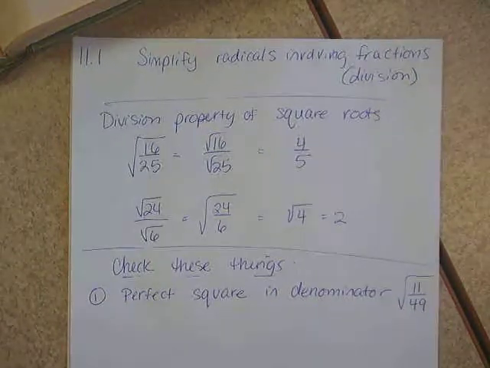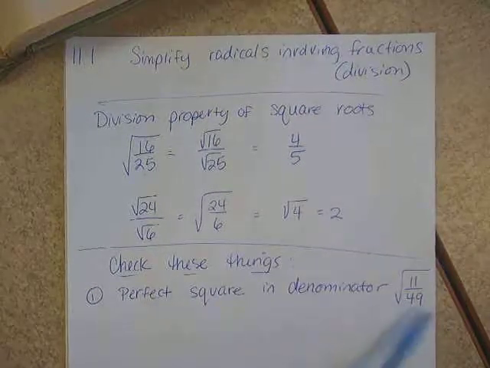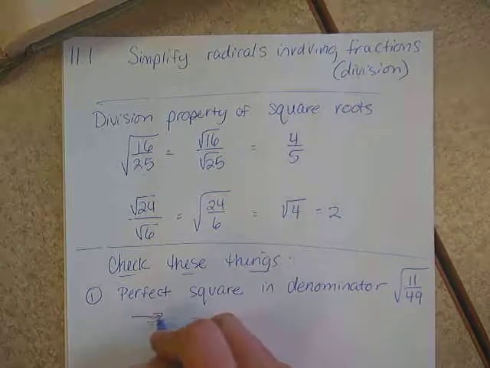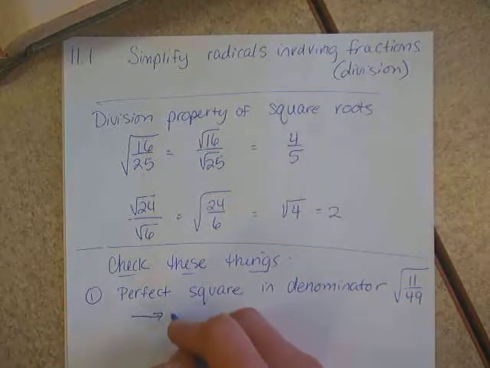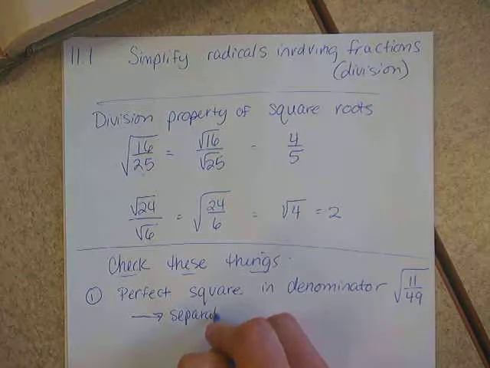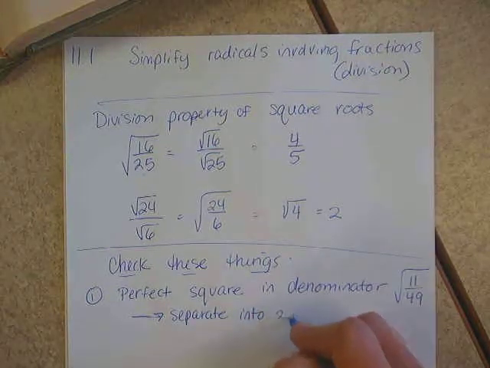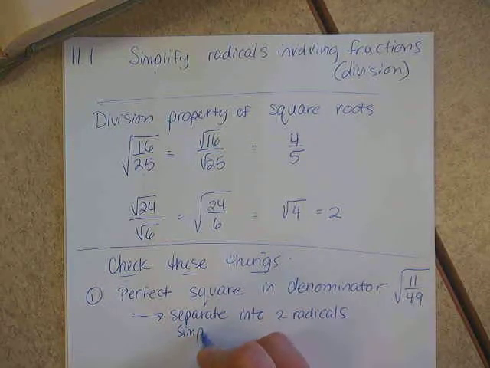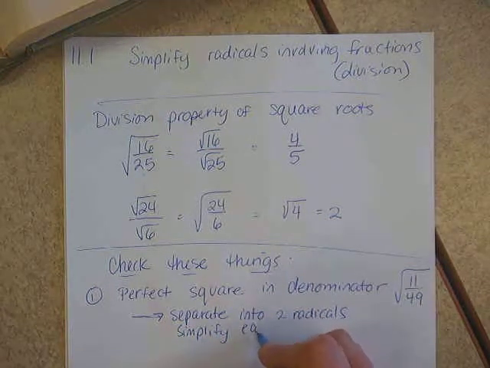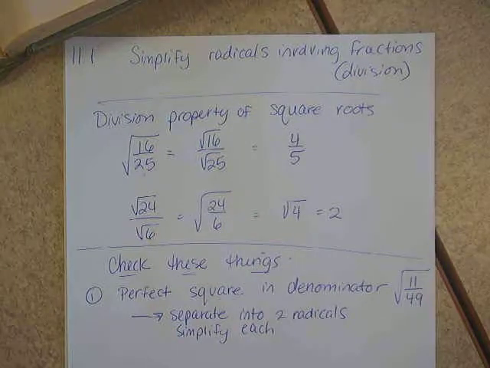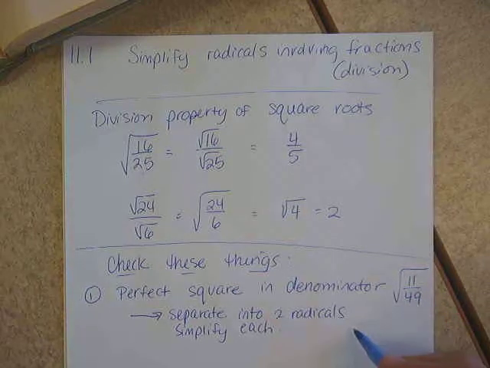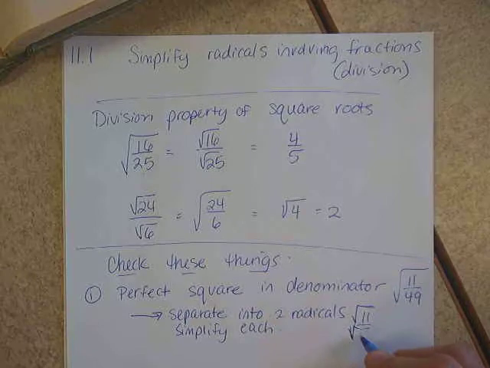For instance, 11 over 49 in the radical. If the answer is yes, there is a perfect square in the denominator, then what we're going to do is separate into two radicals and simplify each separately.